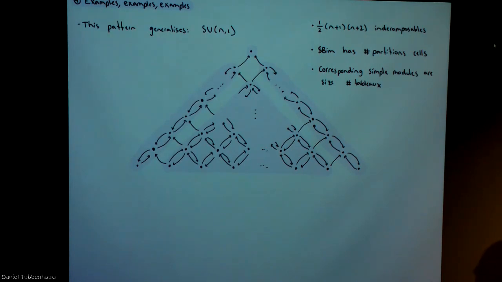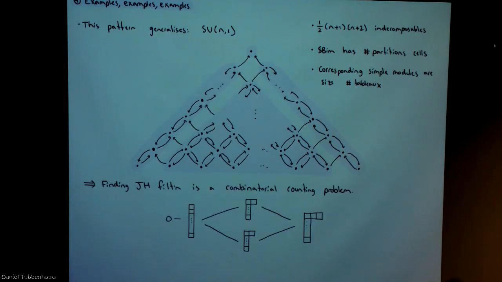And we also know the size of the simple modules, which is given by the number of fillings, the number of tableaux in some Young diagram. And so just with these 3 pieces of information, in this example, finding a Jordan-Hölder filtration is just a combinatorial counting problem. There's only so many ways we can take these simple modules over Soergel bimodules, which are of a specific size, and get cells that are of this size that we have here.